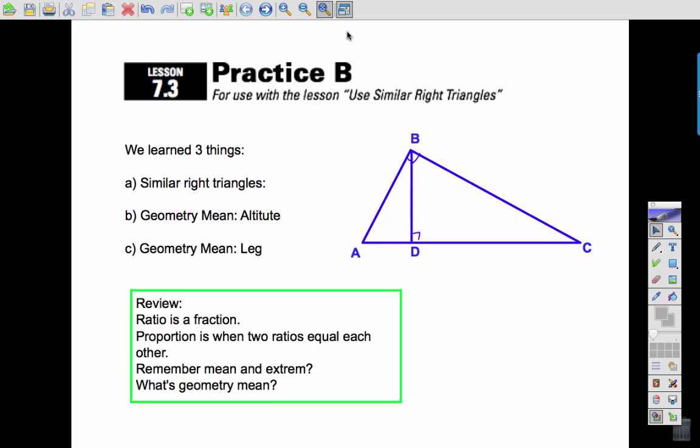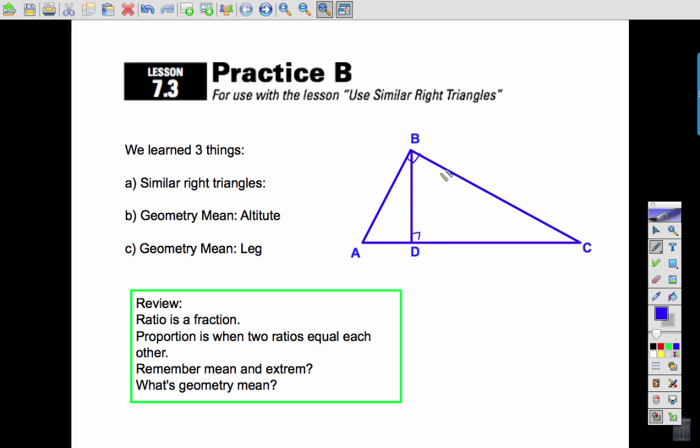7.3 is a hard nut to crack, so I thought I would make a video and walk you through your homework. Before I do that, I want to review quickly what we learned in class. In this unit, we learned three things. This is the graph that's most familiar to you.